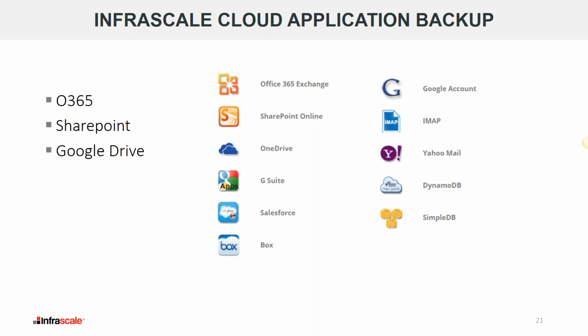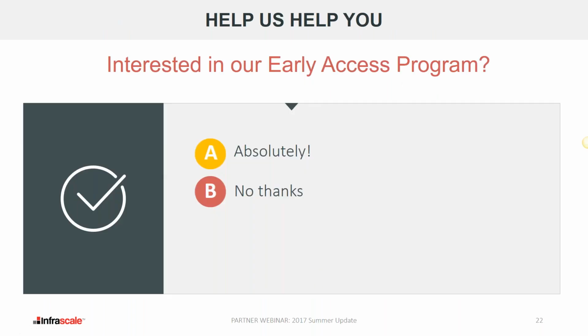So what we're doing today is we're going to ask again, if you haven't already answered, would you like to have early access to this? I don't have a question in here. I suppose I should have asked it, but how many of you are interested? You know, how many of your customers would benefit from having a cloud-to-cloud backup?